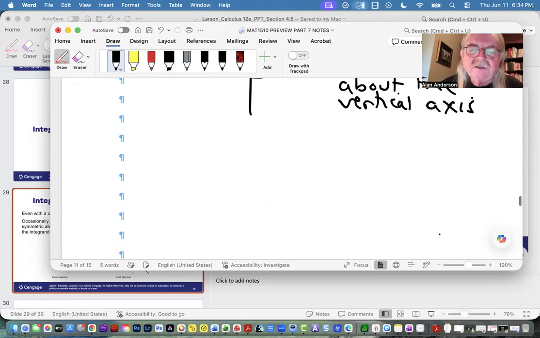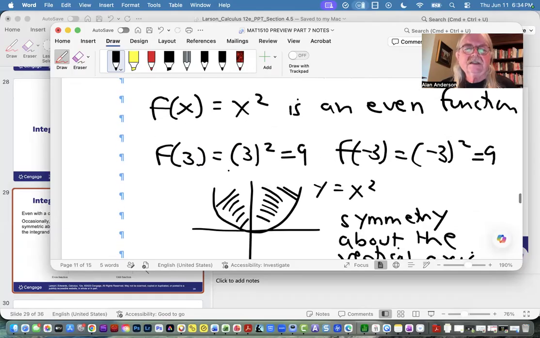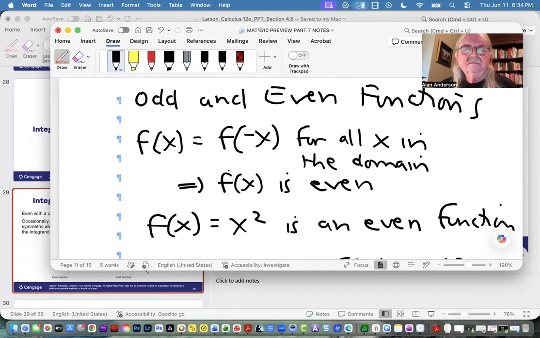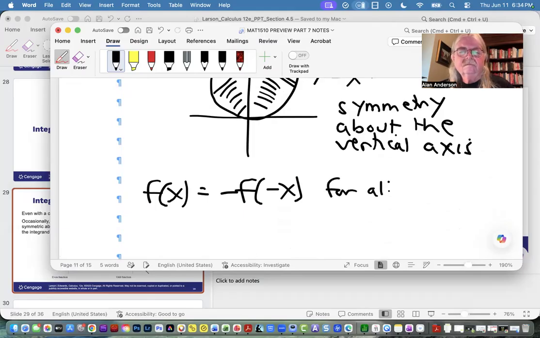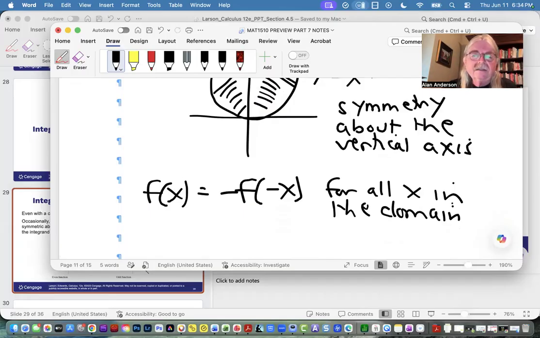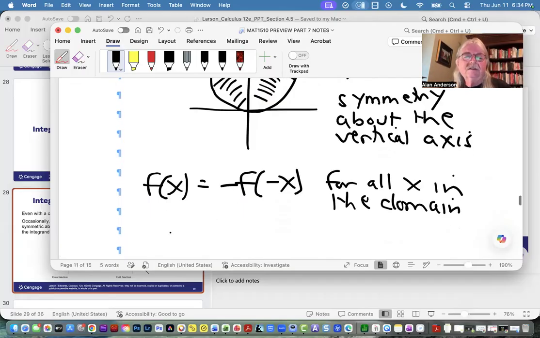Now, an odd function, on the other hand, looks like this. And that means that f of x is an odd function.